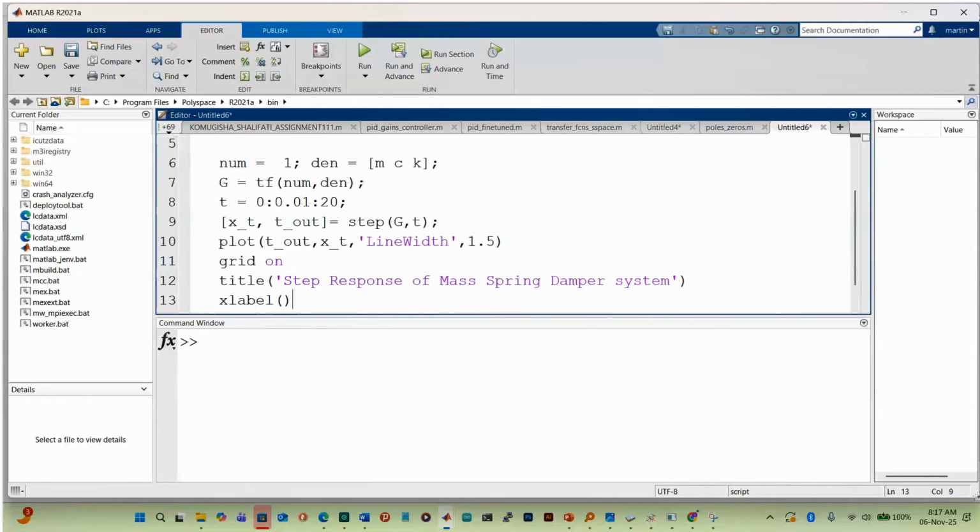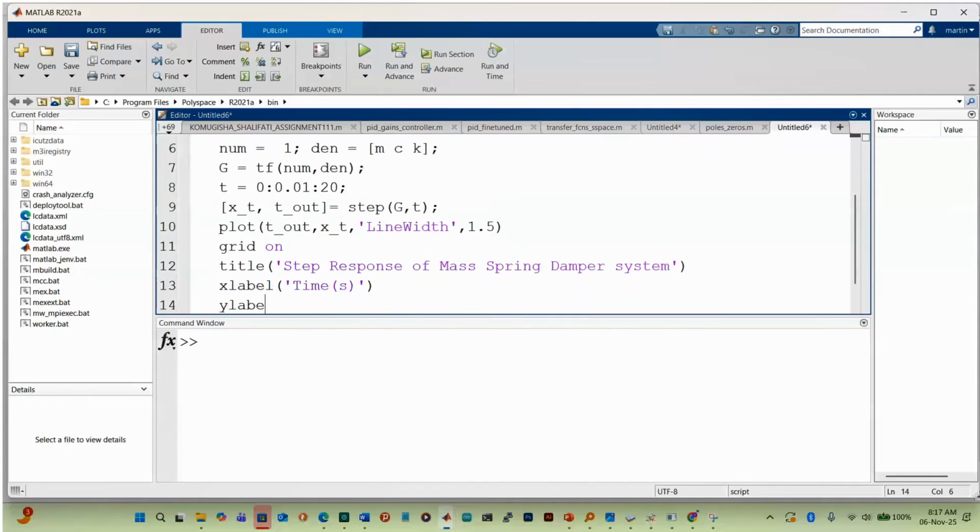The x-axis is for time, so we put time in seconds. We also have the y label. We put displacement, in meters.